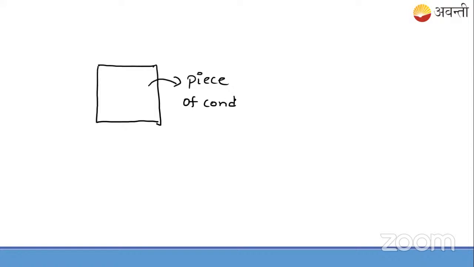Okay, students, this is a piece of conductor here.